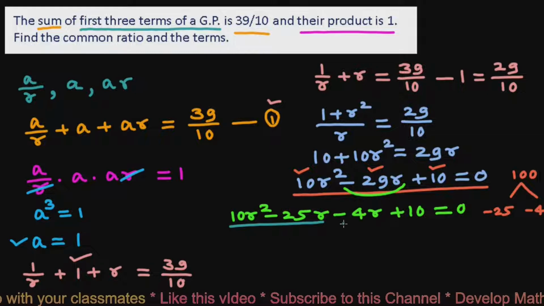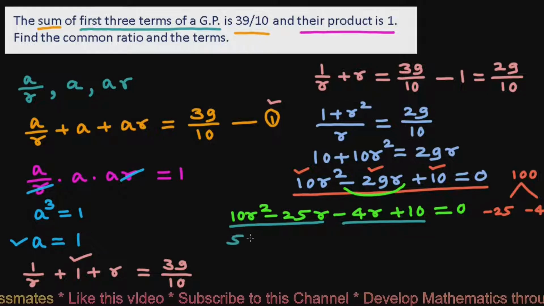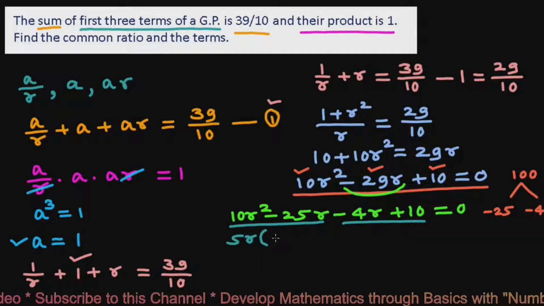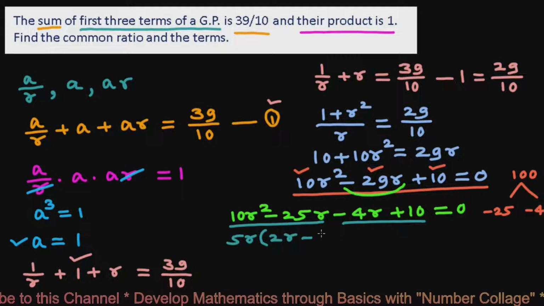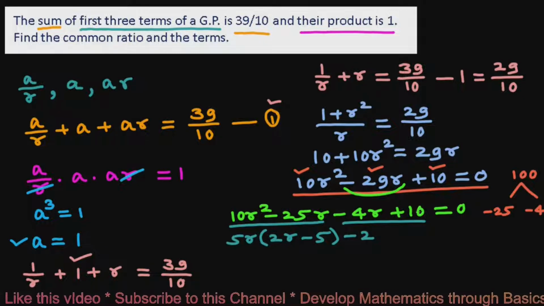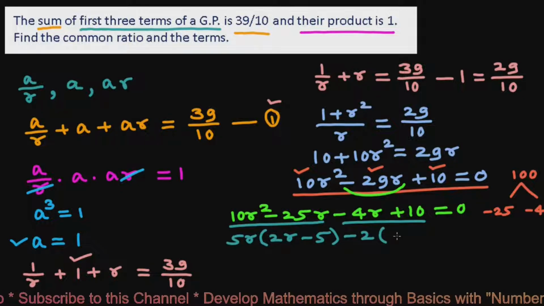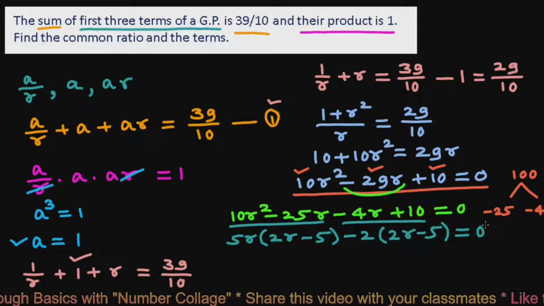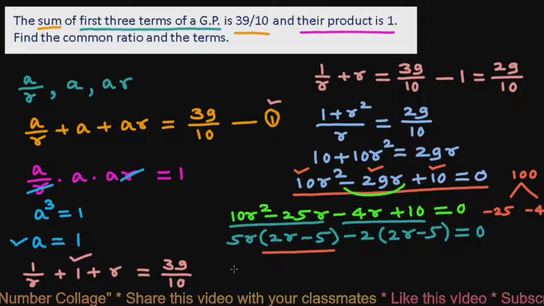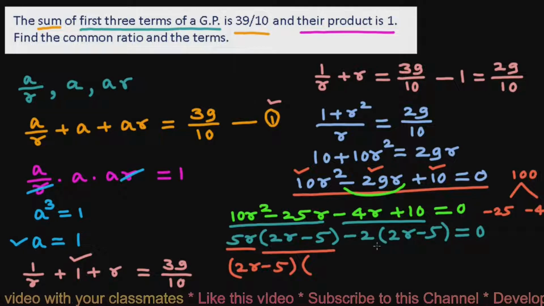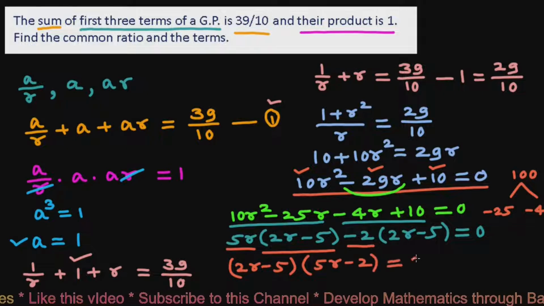Now grouping these terms, we take 5r common, so that it will be 5r multiplied by (2r minus 5). Taking minus 2 common from these two terms, we write minus 2 multiplied by (2r minus 5) equals 0. So that gives us (2r minus 5) multiplied by (5r minus 2) equals 0.